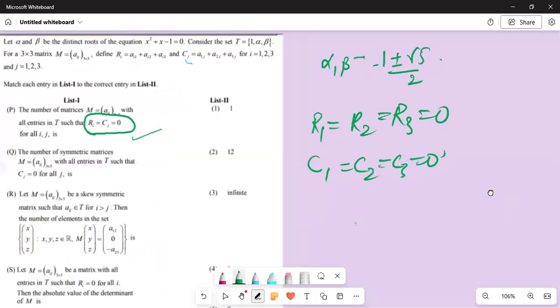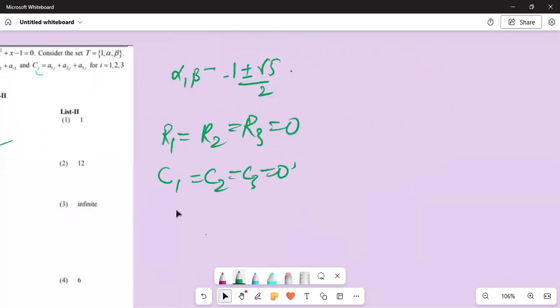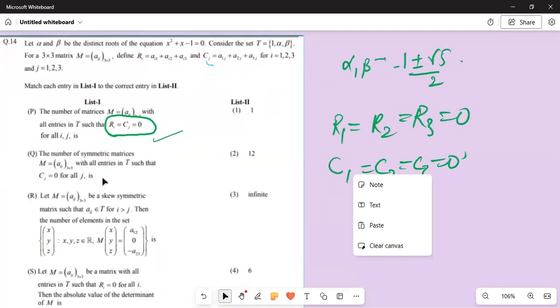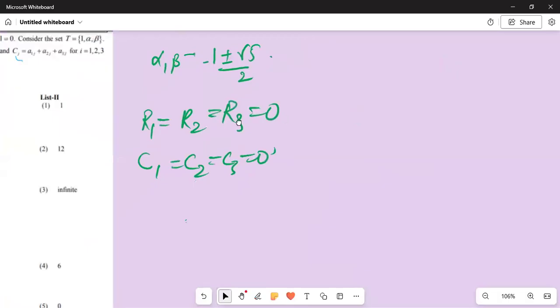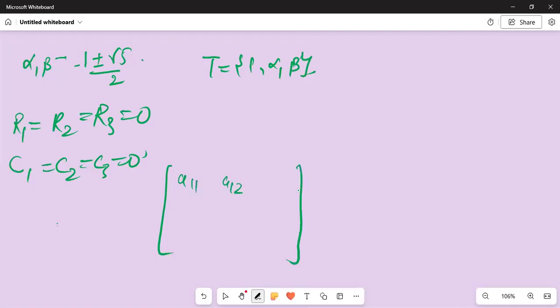Also the condition is that the entries should be taken from the set T. So T is 1, alpha and beta. And this is the matrix A11, A12, A13, A21, A22, A23, A31, A32, and A33.